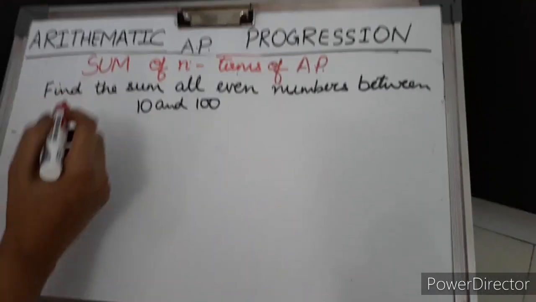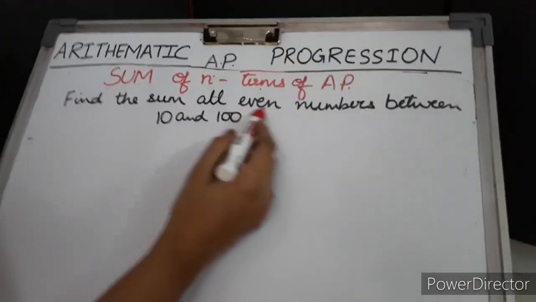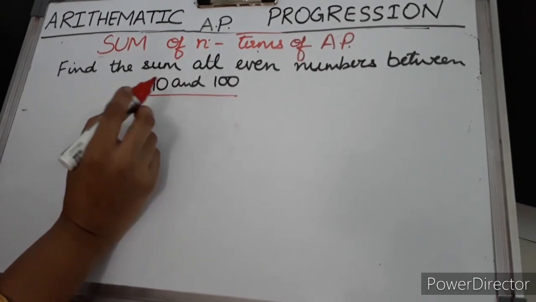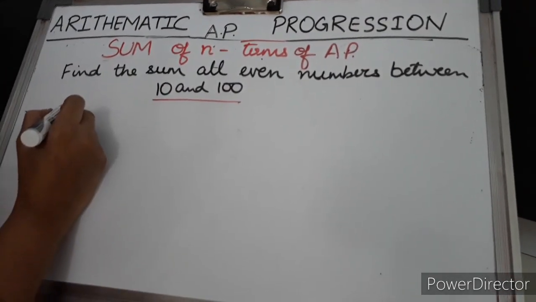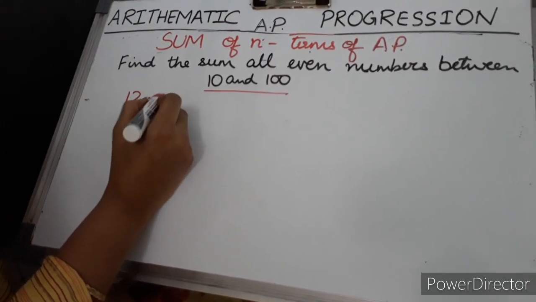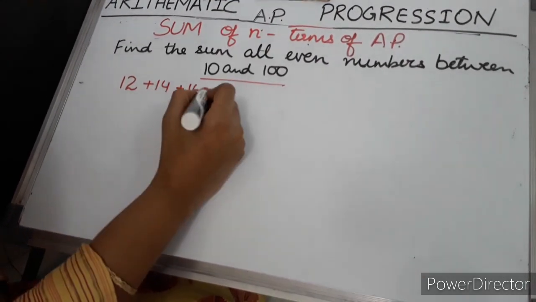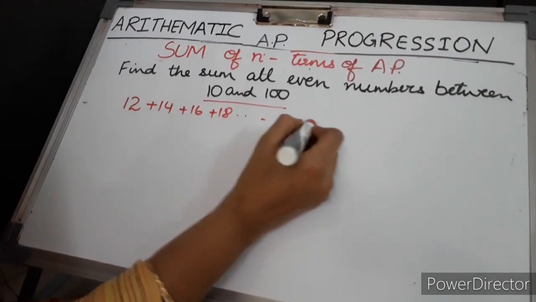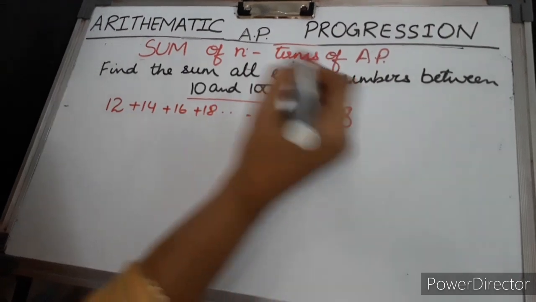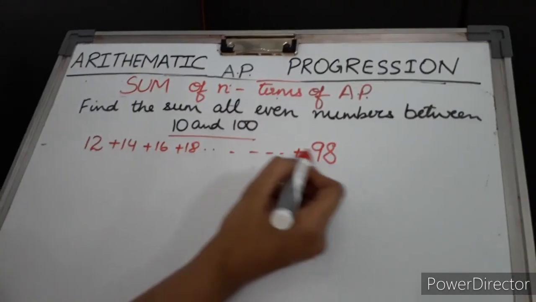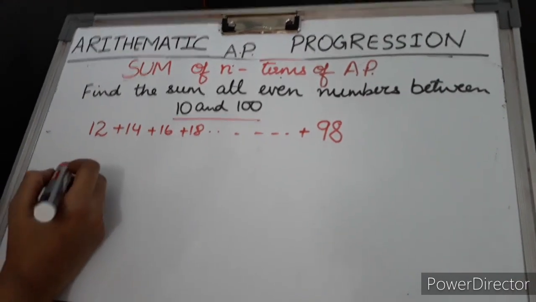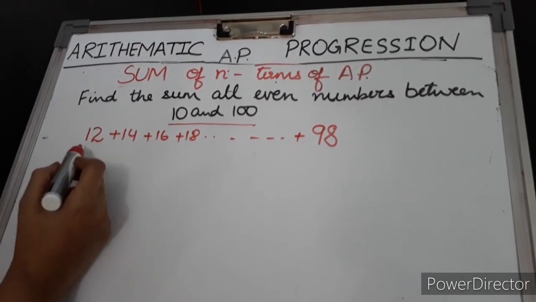Coming towards the next question: find the sum of all even numbers between 10 and 100. How will we find the sum here? After 10, the even number is 12, then 14, 16, 18, up to before 100, which is 98. This is the series, and we have to find its sum. We observe that we don't have n, the number of terms.